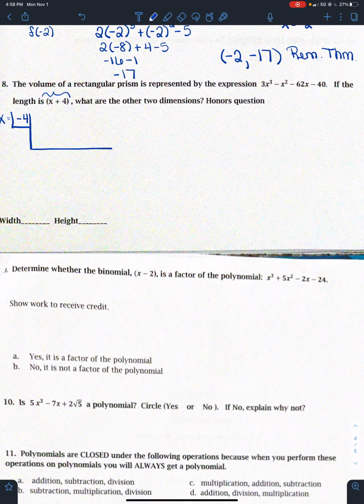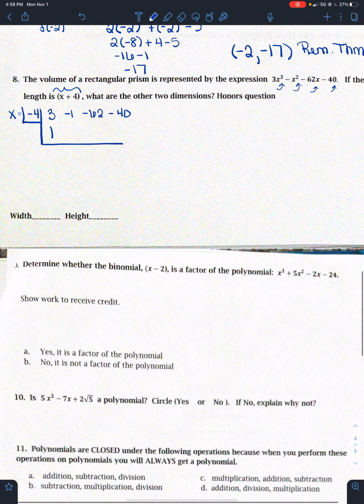Looking at my polynomial up here, it is in standard form. I have the third degree, I have the second degree, I have the first degree, and I have a constant. So I've got 3, -1, -62, and -40. Drop down the first term. -4 times 3 is -12. So that gives me -13. Negative times a negative is a positive. 4 times 13, well, 2 times 13 is 26.